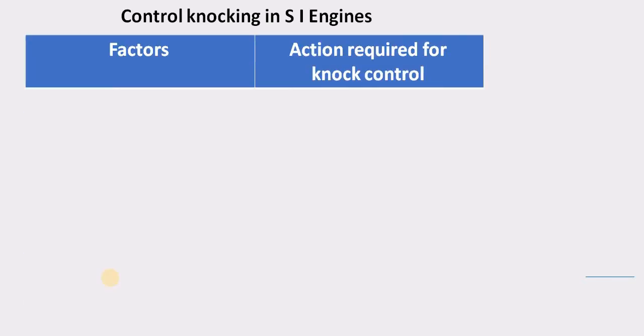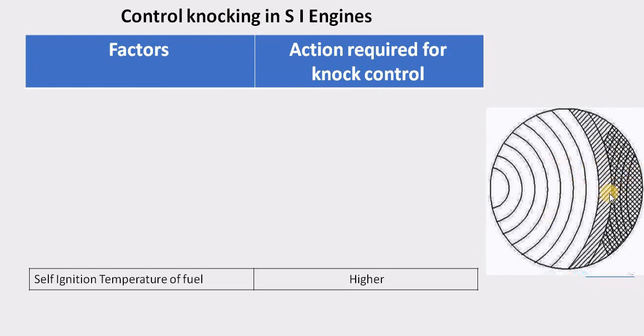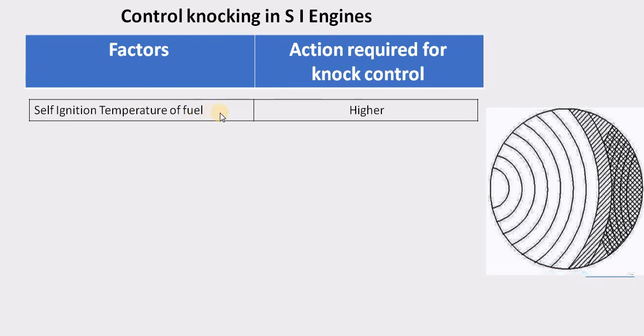And how to control this knocking combustion in an SI engine? So this is what we have, a knocking combustion, that is, two flames being collided. The first factor is the self-ignition temperature of the fuel.